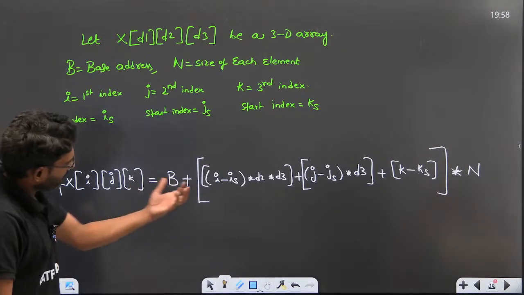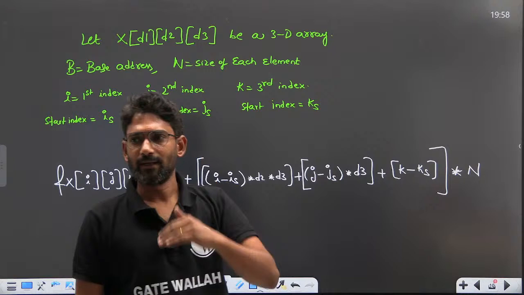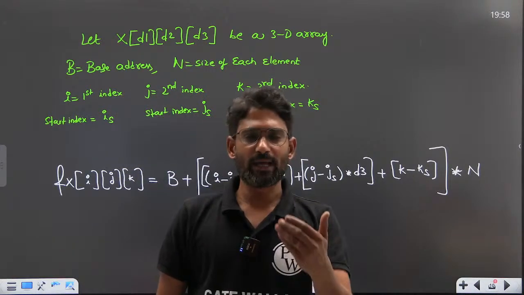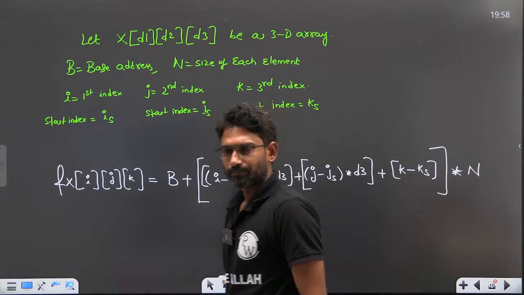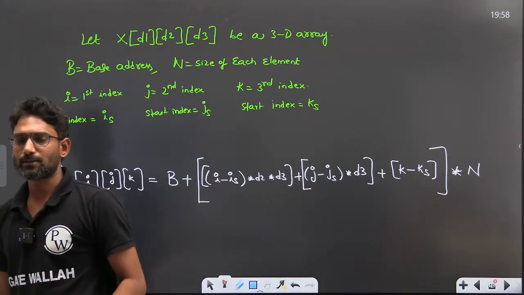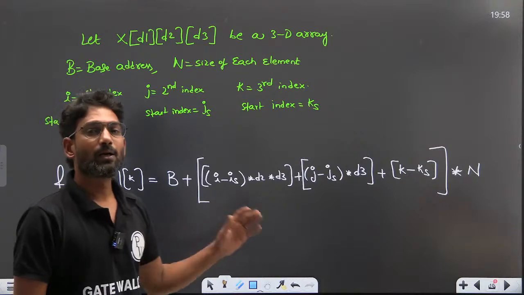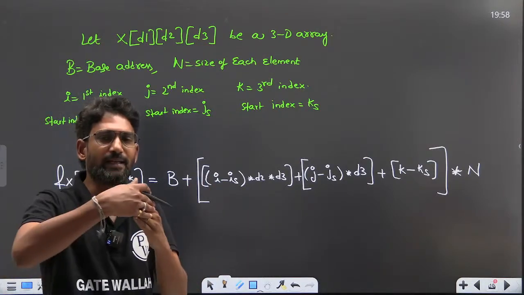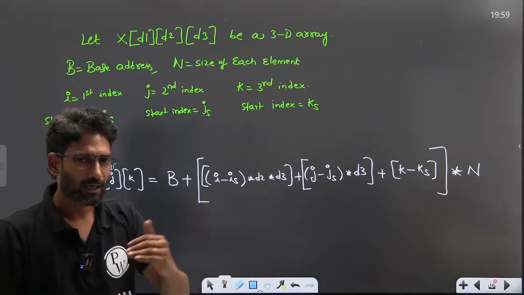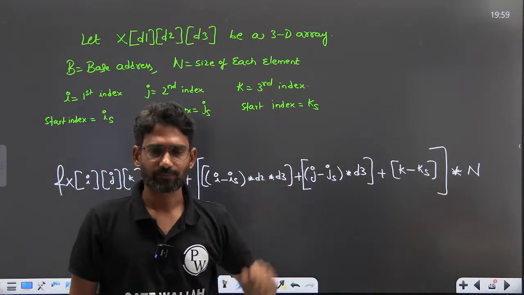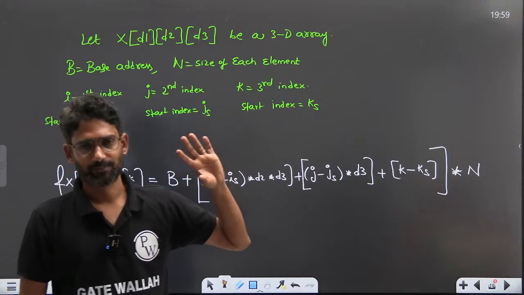If you properly look at the formula for a two-dimensional array, I have given a similar one. When I am trying to find the address of a particular element, I am actually counting how many elements went on before that particular element, how many rows went on, how many columns went on.